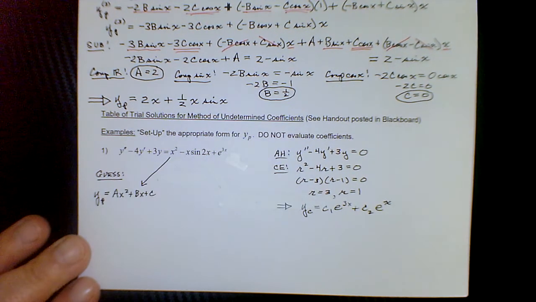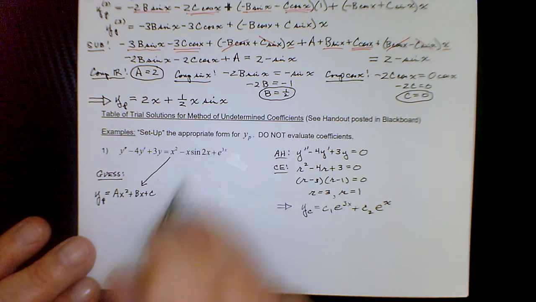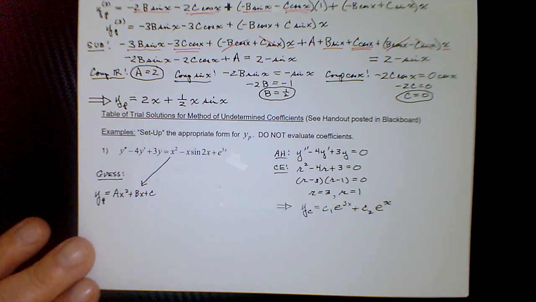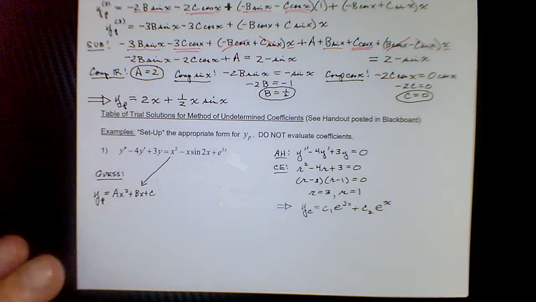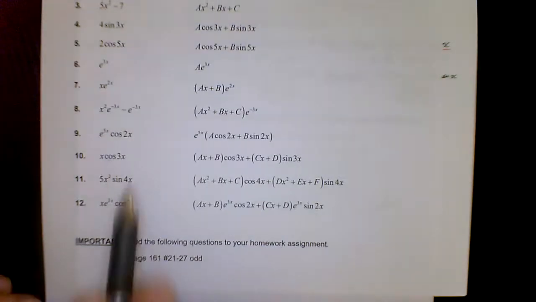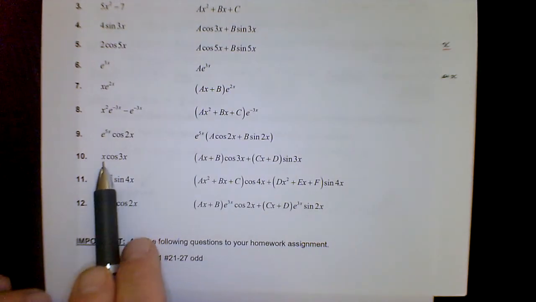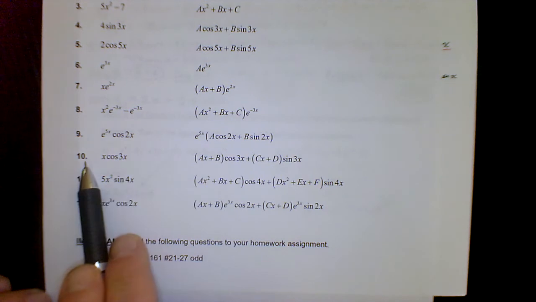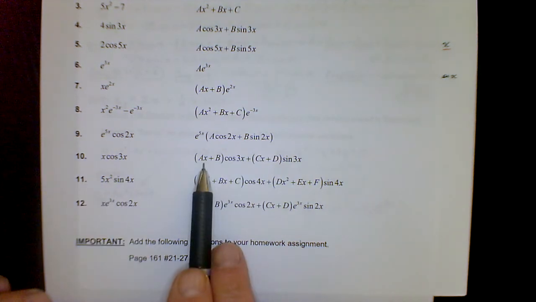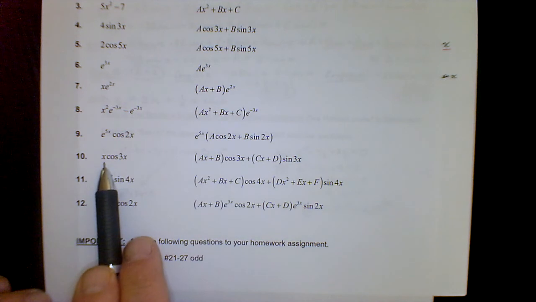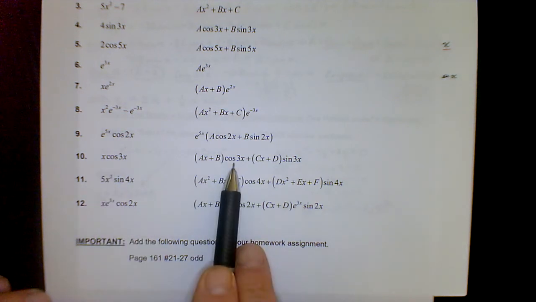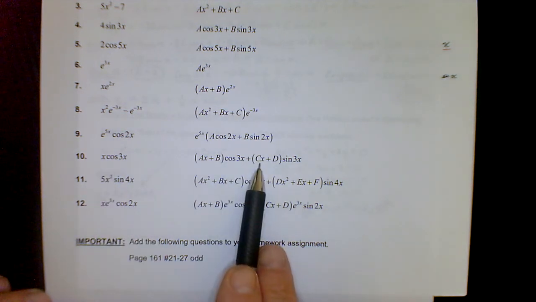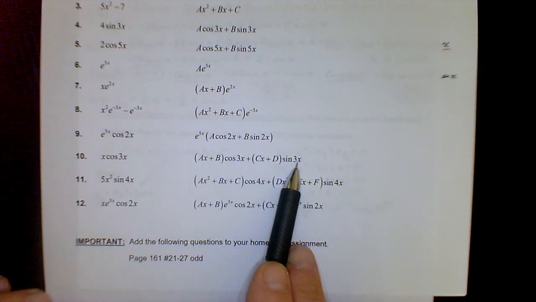Those terms are going to come from the x squared term. For the x sine 2x term, that's where you might want to look at the table. Similar to the x cosine 3x, so number 10 on the table. Notice we need an ax plus b to accommodate the x term, and then we need a cosine, and we also need a cx plus d and a sine.